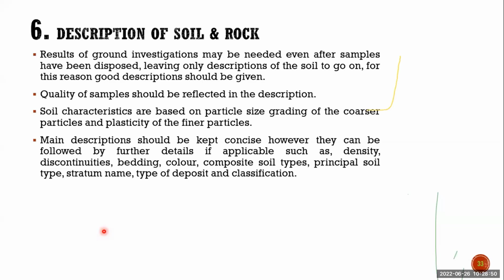For example, in this particular trial pit, from 0 to 0.5 meter, we are getting the topsoil, and this is the color, texture, and how it was. This much amount of rootlets were there. And then layer 2, what is the soil property? Whatever description you give, it should reflect the site.